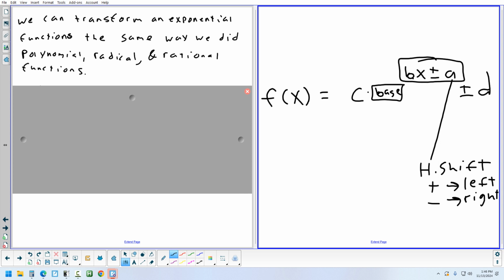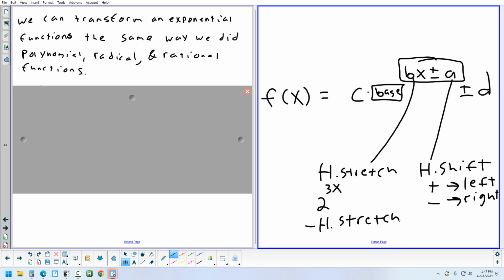How about B? Still inside the exponent, but now it's multiplication. That's a horizontal stretch. As an example, if you had 2 to the 3x, that is a horizontal stretch, but it's backwards. It's a horizontal stretch by 1/3.